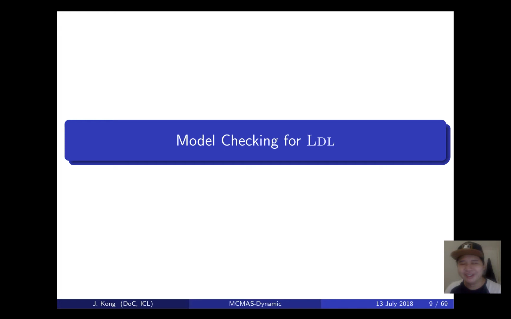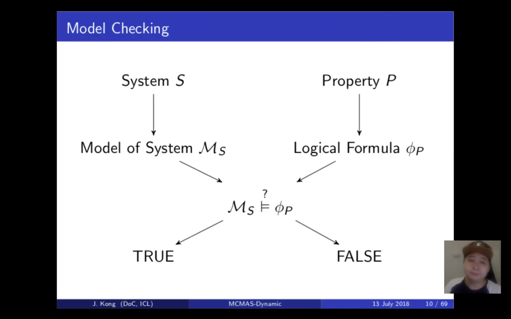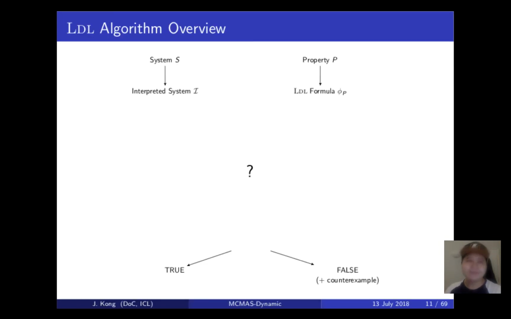So now I'll discuss some of the details of the model checking algorithm I developed for LDL. The model checking problem involves being given some system S and some property P, converting the system into a model and the property into some logical formula, and then checking if in the model that logical formula is satisfied or not.